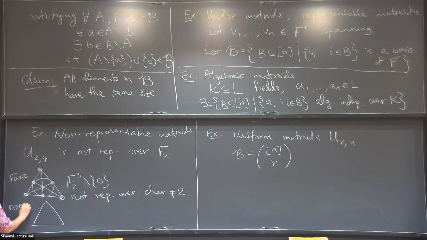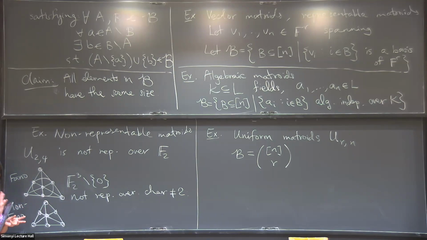And similarly, there is something called the non-Fano matrix. This is these 7 points without this curvy line. These are 7 vectors in, if you take the 0, 1 cube, all the 0, 1 vectors, there are 8 of them.